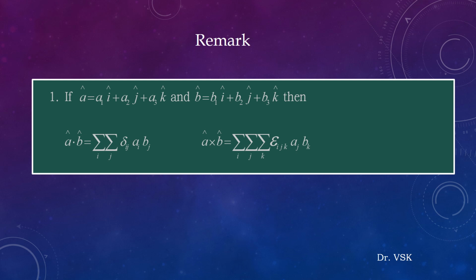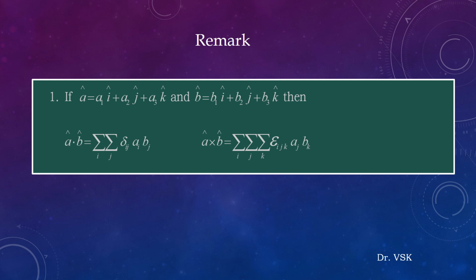Let's choose two vectors a cap equals a1 i cap plus a2 j cap plus a3 k cap and b cap equals b1 i cap plus b2 j cap plus b3 k cap. These are two vector fields or any two vectors. Now let us take the dot product of a cap and b cap.